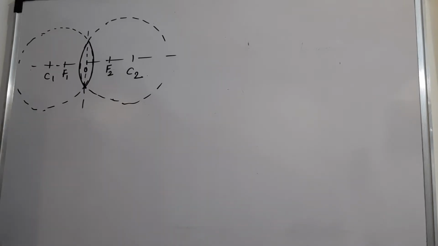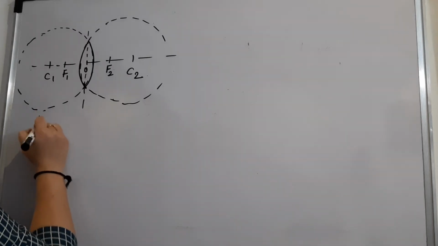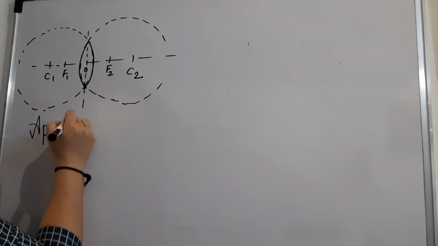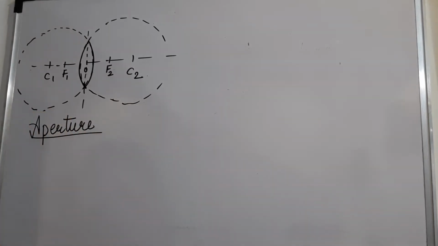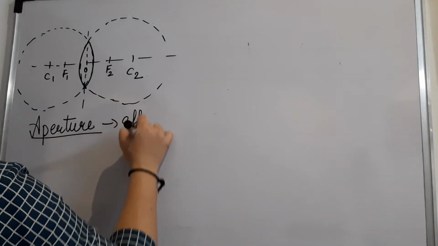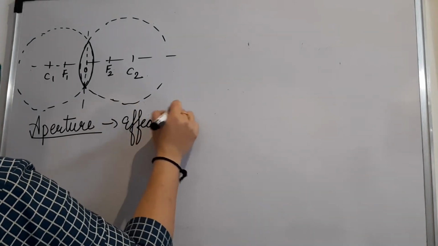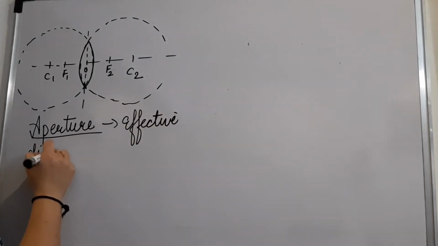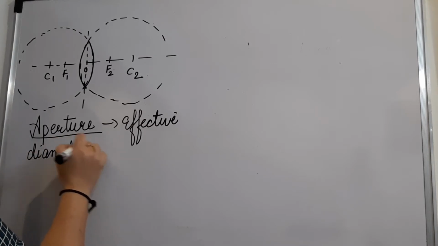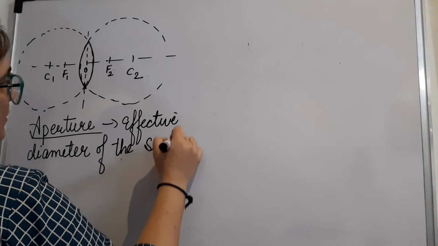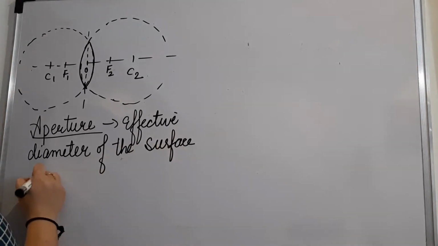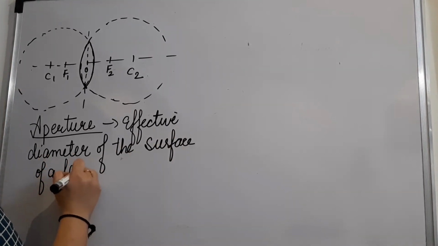Now, the next definition that we have to talk about is aperture. So, this was also there in case of mirrors. So, now what exactly is aperture for lenses? It is the effective diameter of the surface of a lens.